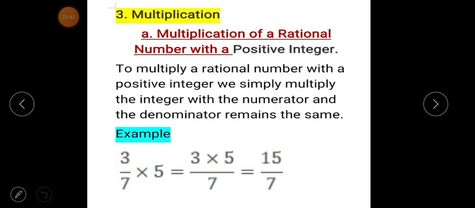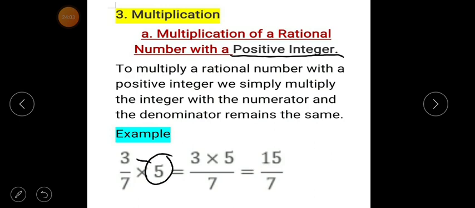Now multiplication. Multiplication of a rational number with a positive integer. When we multiply a rational number with a positive integer, we simply multiply the integer with the numerator.